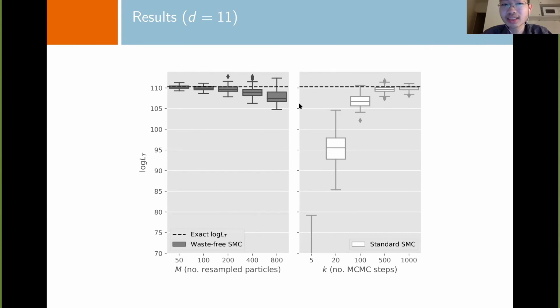This is the biggest d so that the number of Latin squares is known exactly. So we can really compare the performance, and we can see again that waste-free SMC stays quite stable, whereas standard SMC works really badly if K is not big enough.